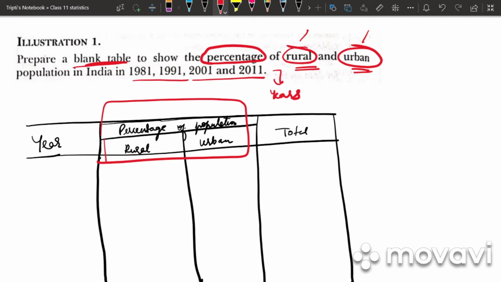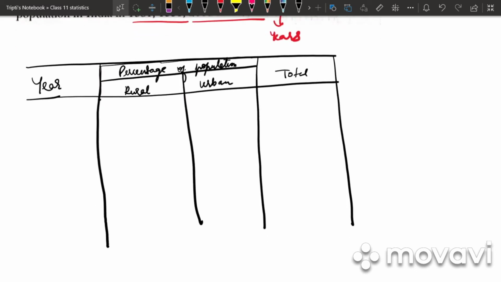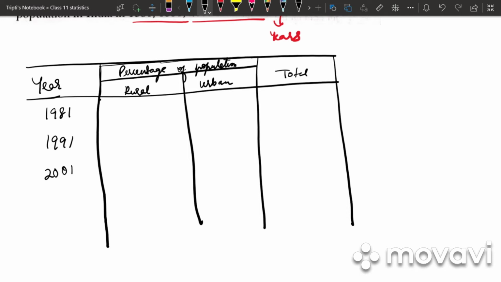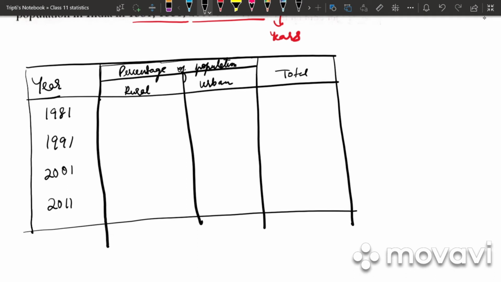So they have given us 4 years. So we know there will be a separate column for years. So under years we have 4 years, that is 1981, 1991, 2001 and 2011. Clear? This is how you would be preparing a blank table.